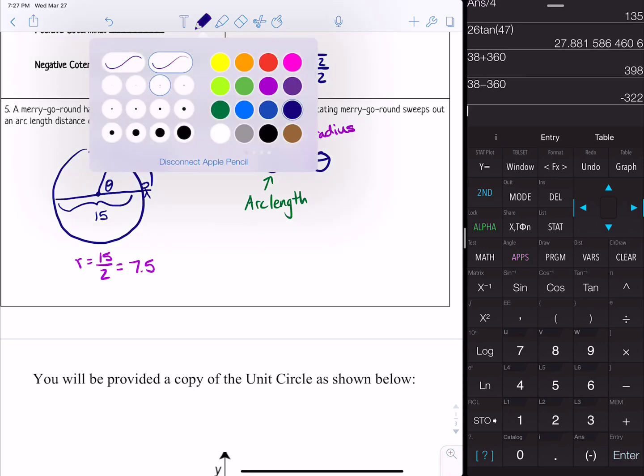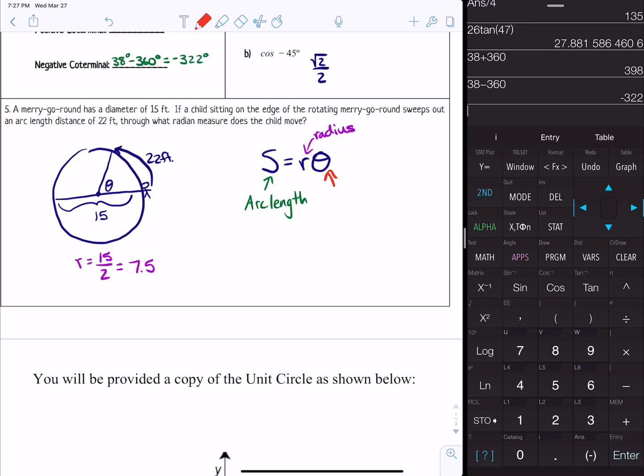And then theta is the central angle, and that is what we're looking for in this case. That formula you will need to know to be able to answer number 5 on your quiz on Friday.